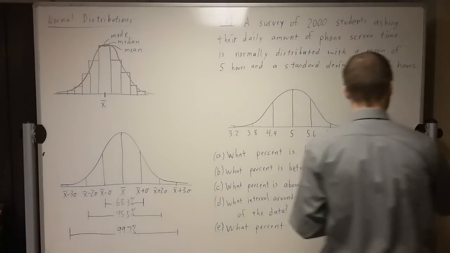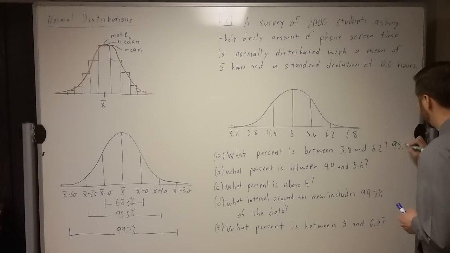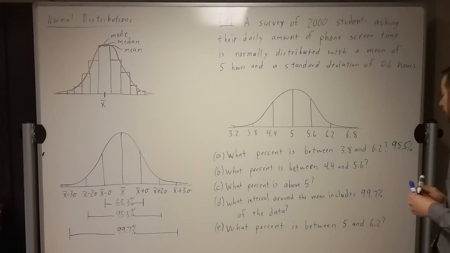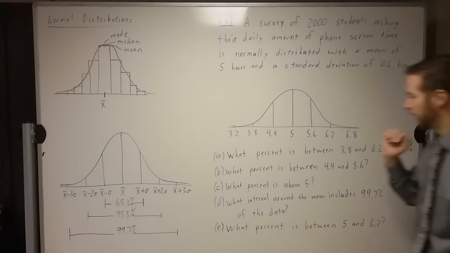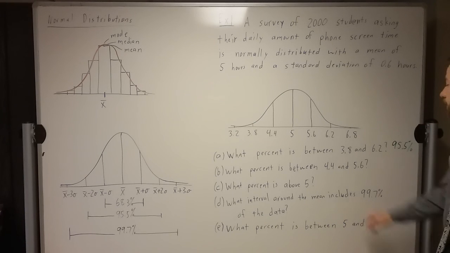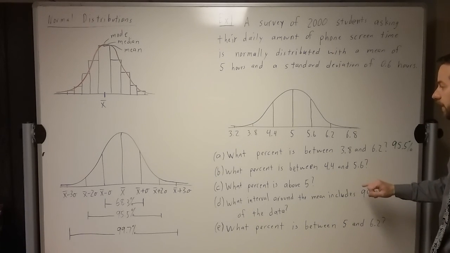So in other words, that's our answer here. 95.5% of the data would fall in between those two numbers. So in this survey, around 95.5% of the 2,000 people we surveyed should spend between 3.8 and 6.2 hours on their phone.